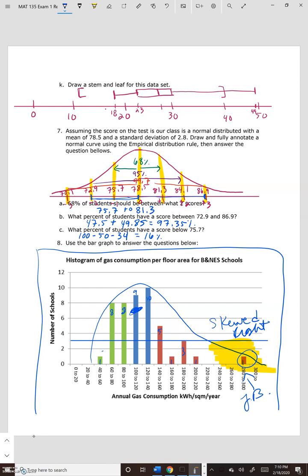Or if we had the actual numbers, we could find the median. But the median's going to be somewhere around here. The mean's going to be somewhere closer. The mean and the median. Okay? All right, good luck studying, and I will see you guys tomorrow.